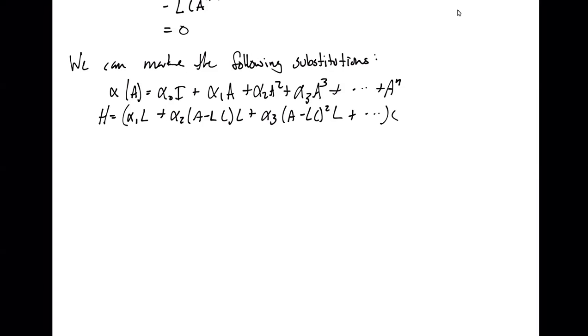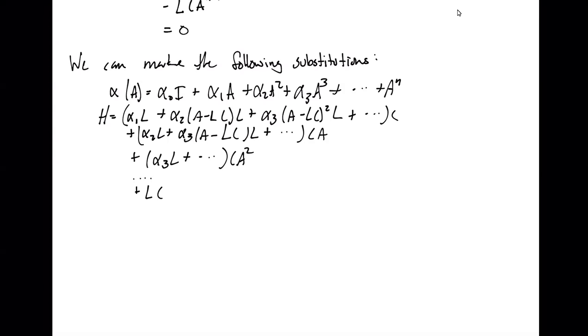And then we get alpha 2 L plus alpha 3 (A minus LC) times L plus times CA, plus alpha 3 times L plus all the way out times C times A squared, dot dot dot, plus L times C A to the n minus 1 power.